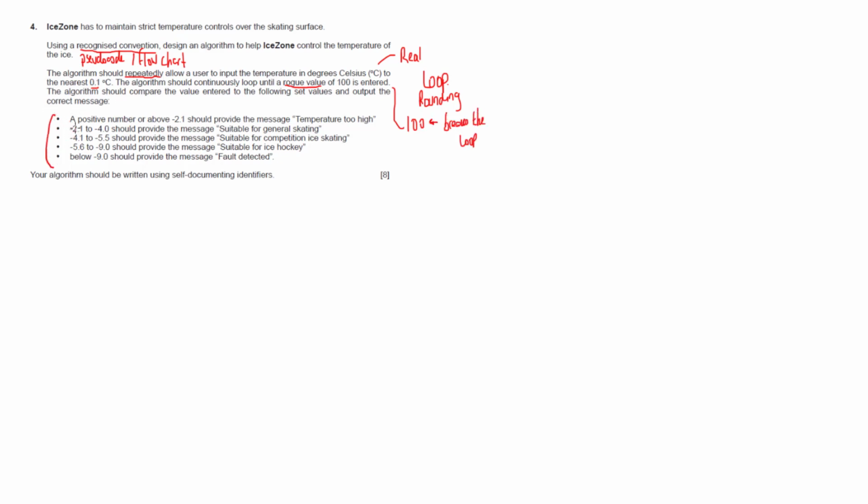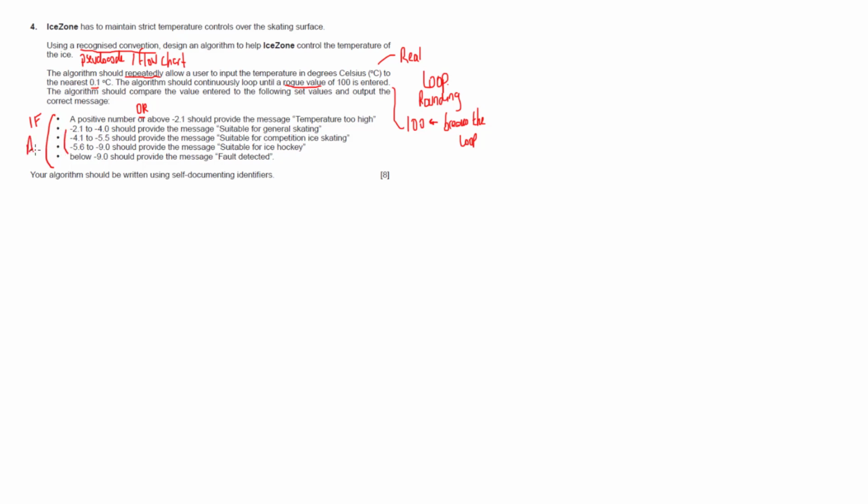Now, when I read these conditions, I was getting a lot of if statement vibes. So, for example, I would put an if statement. Now it says a positive number or above minus 2.1, so we've got an OR for this one. Minus 2.1 to minus 4.0: where it says "to", we have to be between that range.